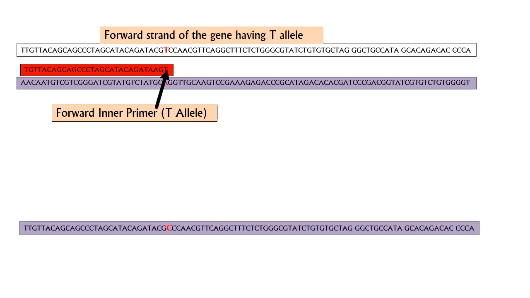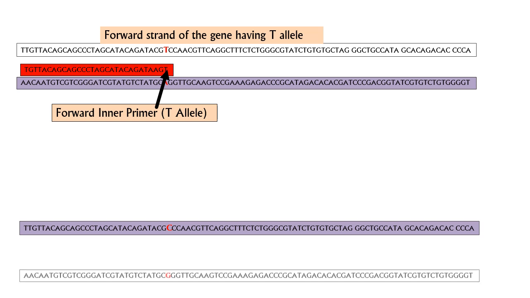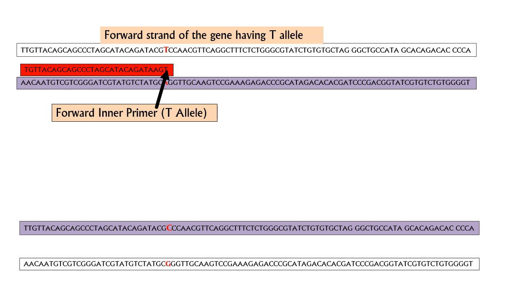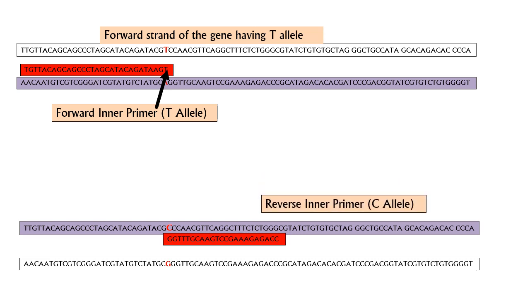This is another DNA sequence that has the C nucleotide in the forward strand and the G nucleotide in the reverse strand. Now the primer comes and attaches to the forward strand. When attached to the forward strand, this primer is the reverse primer.